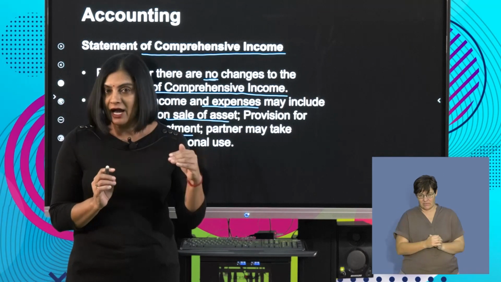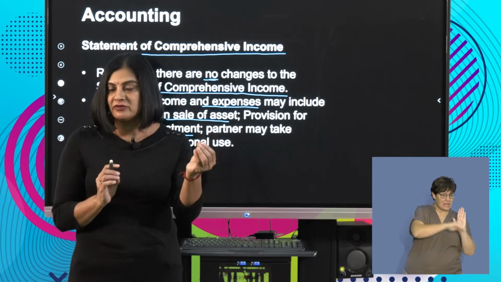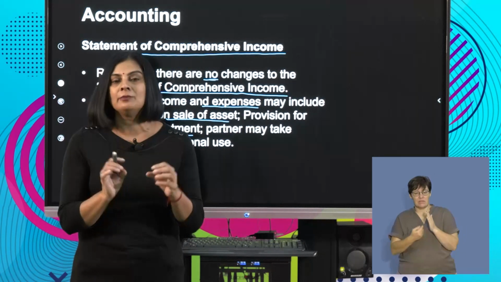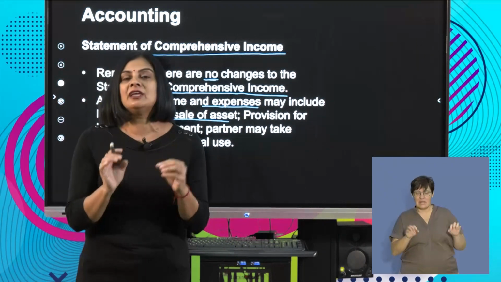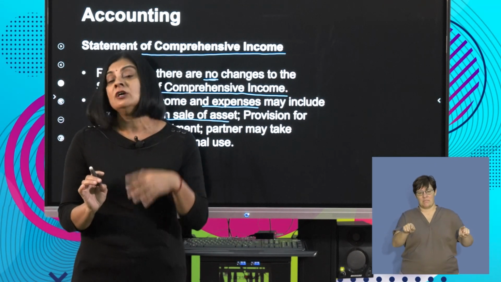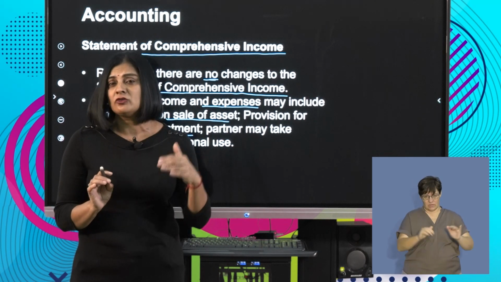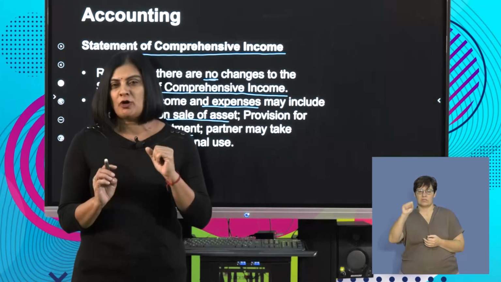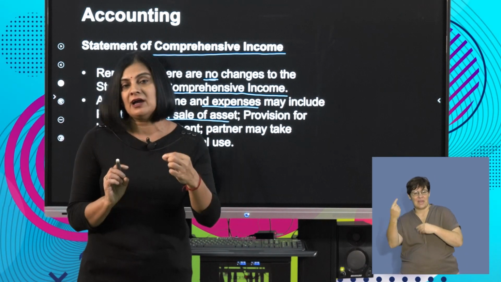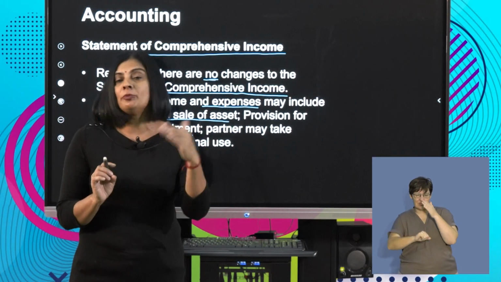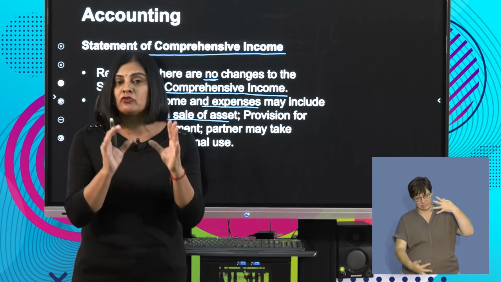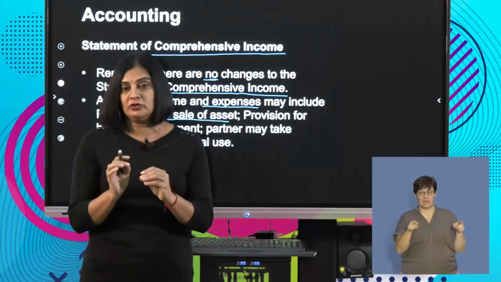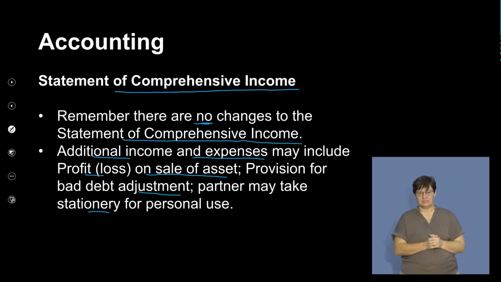However, the layout of your statement of comprehensive income is exactly the same as a sole trader. In other words, you're still going to start off with sales, cost of sales, work out your gross profit, add other income, minus other operating expenses, and so on. So that's not going to change. Right, let's move on.